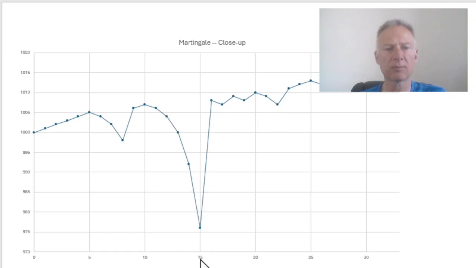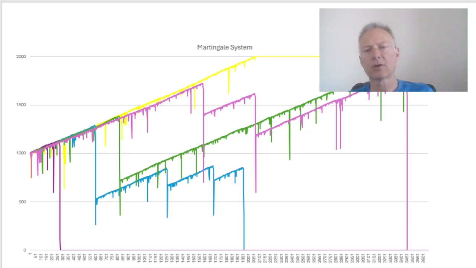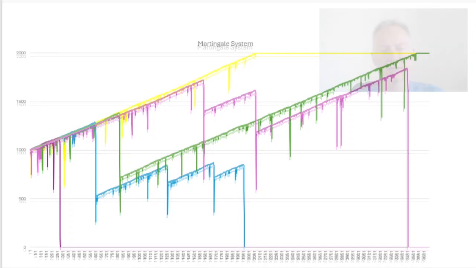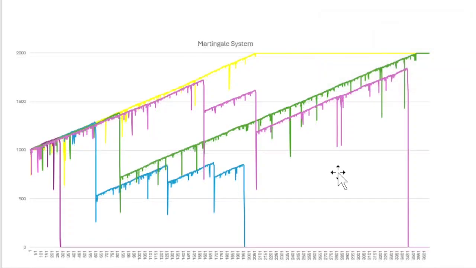These dips can get pretty deep, and that's why the curves of what happens to you in Martingale look like this. And let me remove myself again so it's easier to see what's happening here. Each of these dips is a situation where we lost money and we had to double up, and double that, and double that, until we finally won and went all the way back up to this trajectory of winning 1 unit per spin.